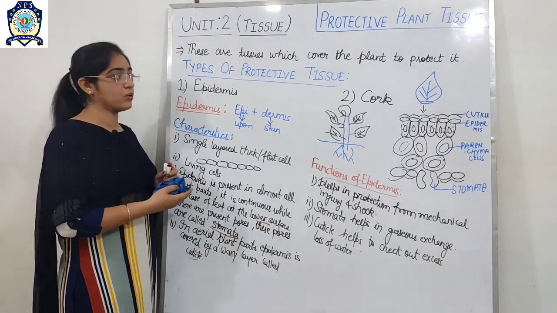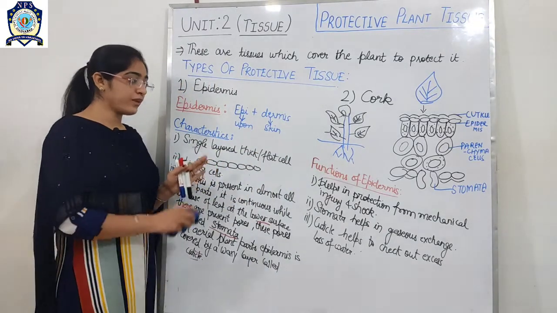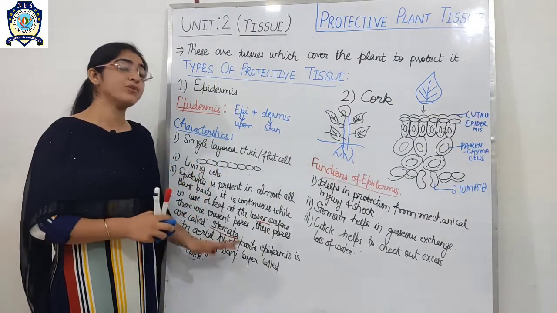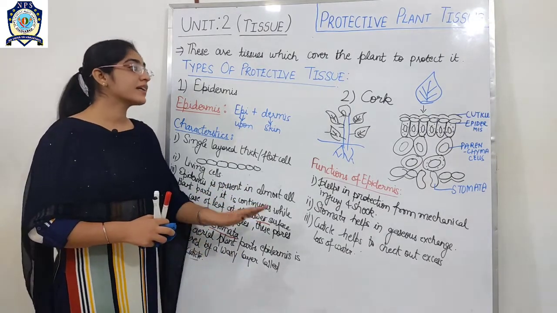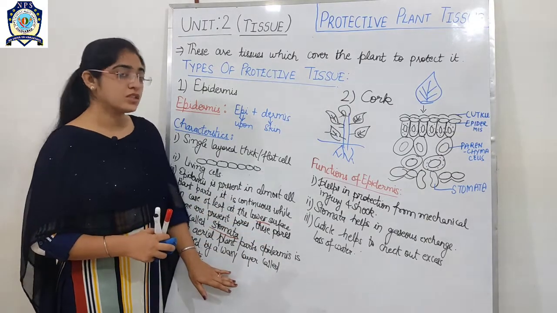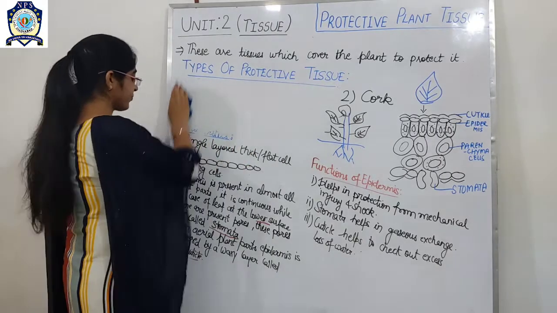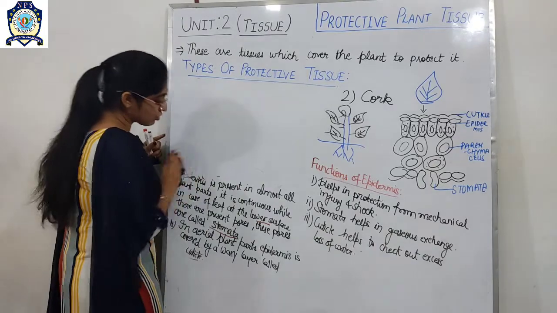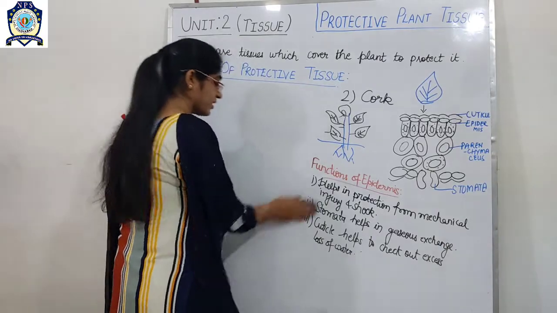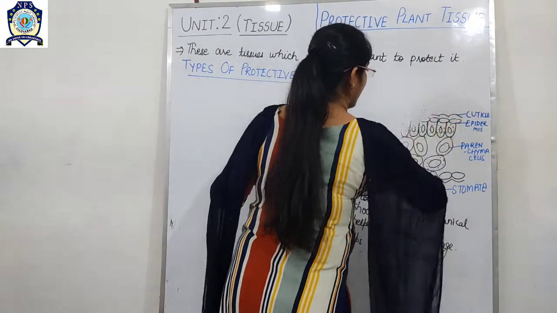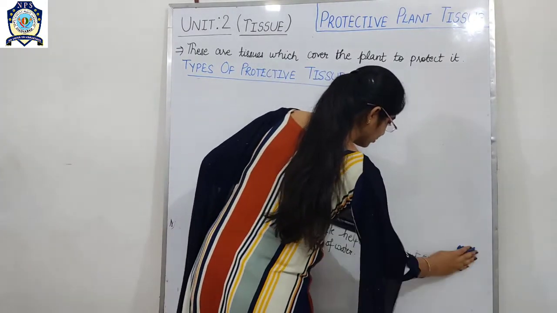Now we will study the next one, which is the cork. Please try to make notes, because these notes will help you a lot to remember all the important points related to this protective plant tissue. So let us start with the cork. Cork is also derived from another Greek word, which means phellem, and phellem means the bark.